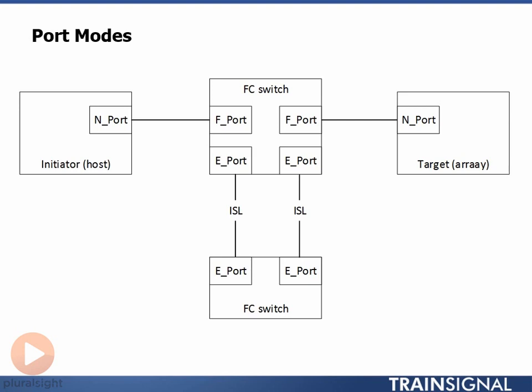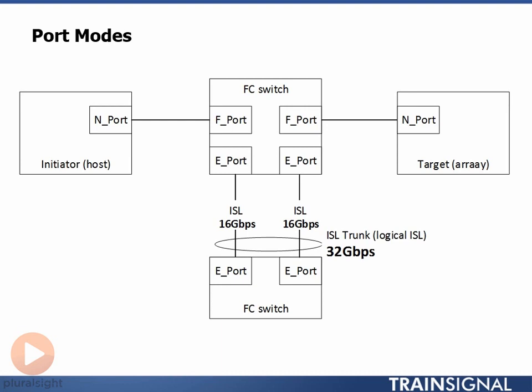Let's look at a simple example. We'll assume that each of the two inter-switch links between our two switches operates at 16 gigabits per second. Right now on our diagram we've got two separate 16 gig ISLs. Now let's trunk them. What we now have is a single 32 gigabits per second logical ISL. Cool, but what's the point? What's the difference between having two independent 16 gig ISLs versus a 32 gig trunked ISL?